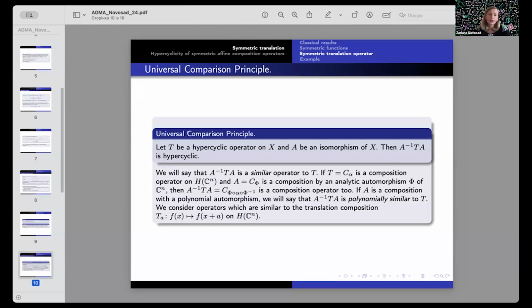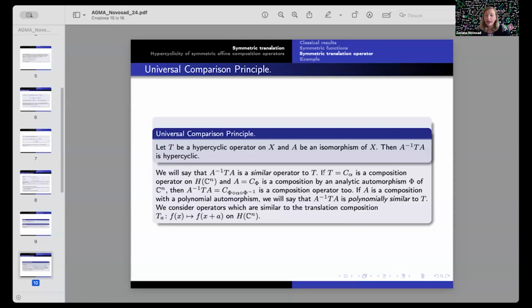I need to introduce a universal comparison principle. Let T be a hypercyclic operator on X and A be an isomorphism of X. Then this operator is hypercyclic. We will say that this operator is similar to T. If we have a composition operator, we can introduce another operator in this form, and this operator is also a composition operator.